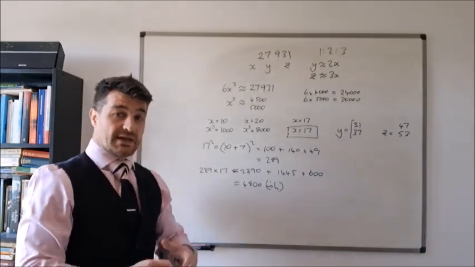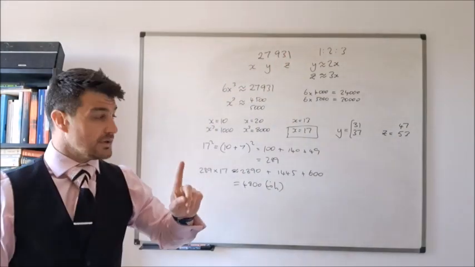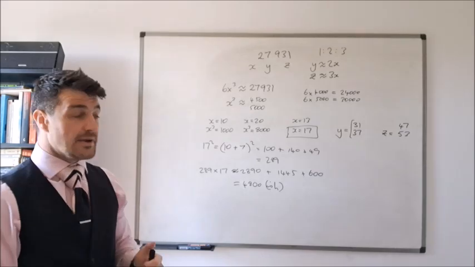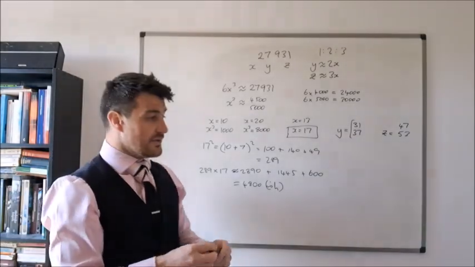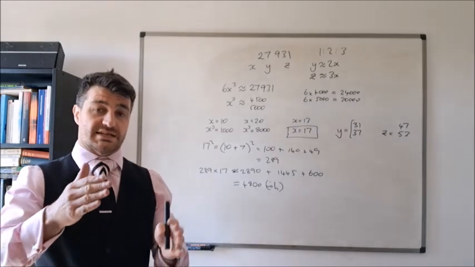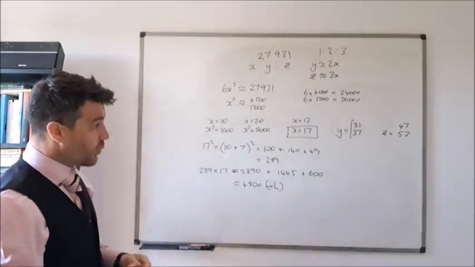So now, again, we need to consider the terminal digit of this number. It's 1. So that means that the three numbers x, y, z that I choose have to have the product of their terminal digits also end in a 1.